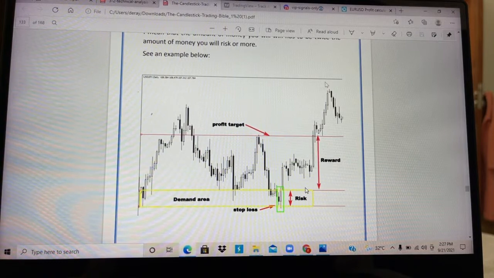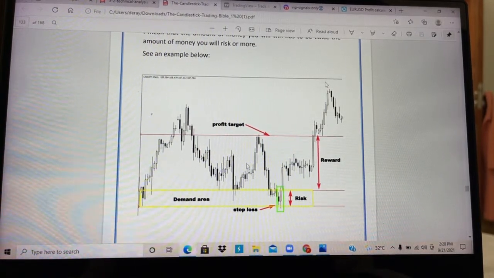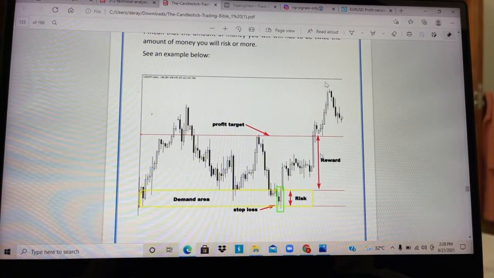You're not risking your money now, you're risking the profits that the market is giving you. So instead of losing your own money, you will only lose the profit the market is giving you.